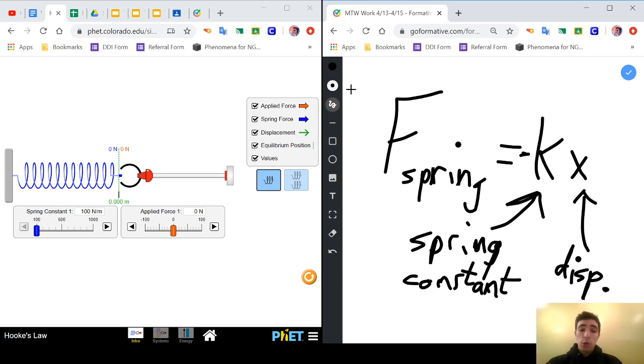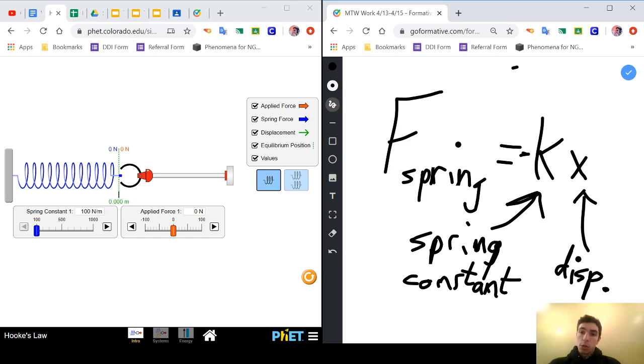Now the units for those spring constants you can already see in our simulation is newtons per meter. And basically that says that if our displacement is 1 meter for this spring, then we will have that many newtons of force required, or that many newtons of force that's exerted by that spring.